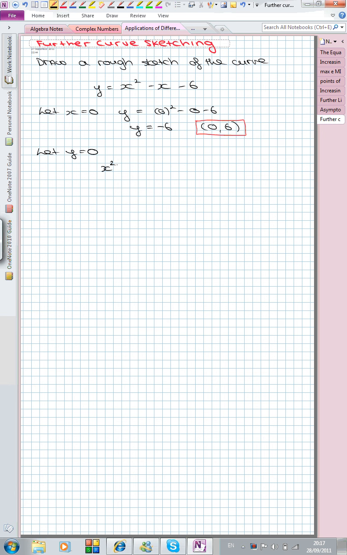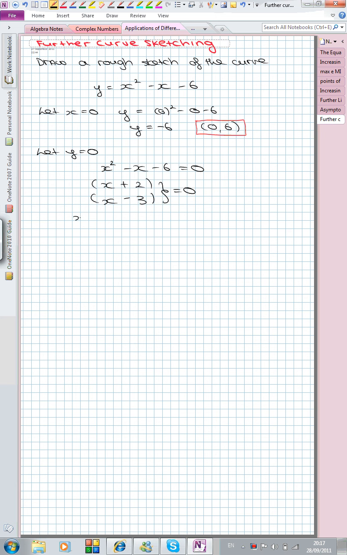So x squared minus x minus 6 is equal to 0. This is a quadratic, so we factorize the quadratic. Our signs are plus and minus: (x minus 3)(x plus 2) equals 0, so we can find the roots.